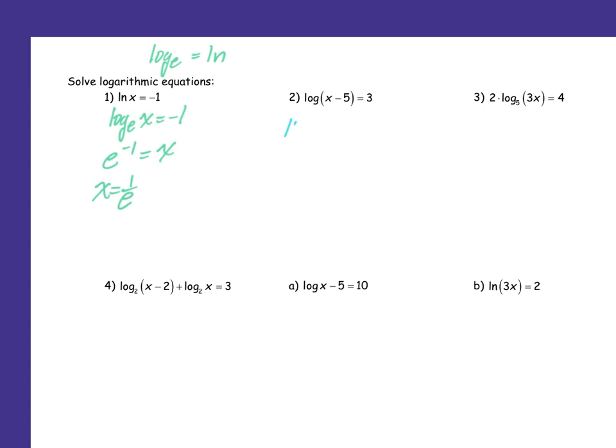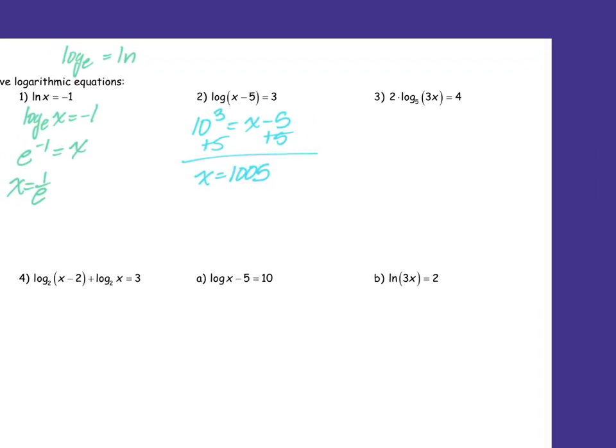So I have 10 to the third power equals x minus 5. So add 5 to both sides. And I get x is going to equal, let's see, 10 to the third power is 1,000. And 1,000 plus 5 is 1,005. 10 times 10 is 100 times 10. Yeah, 1,000. Okay. Make sure I'm doing my math right.